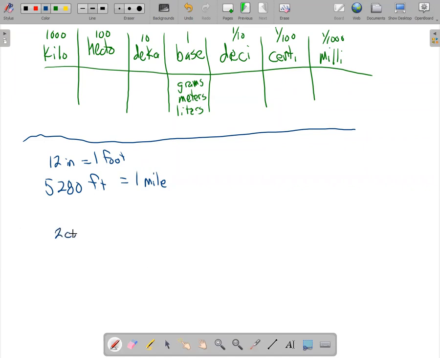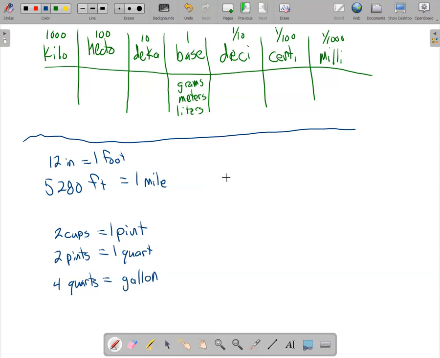There are 2 cups in a pint, and there are 2 pints in a quart. And 2 doesn't stay, then we have 4 quarts in a gallon. So we have just some crazy conversions that we have to deal with in the imperial system. Kind of an arbitrary system in that regard.